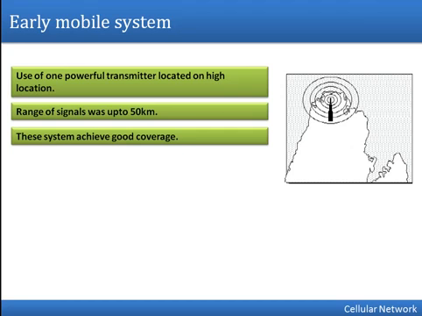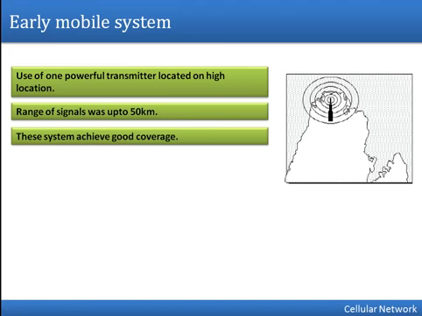But in order to cover this range, this transmitter needed a lot of power. So these are the points of this traditional approach: a single but very powerful transmitter, and only one transmitter used to cover the entire region.